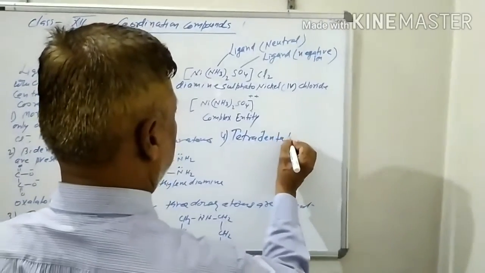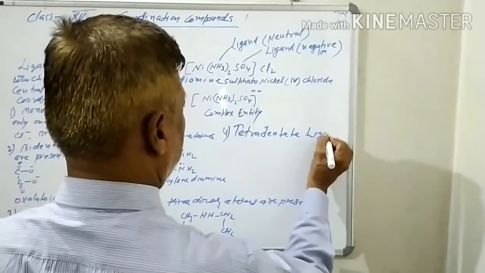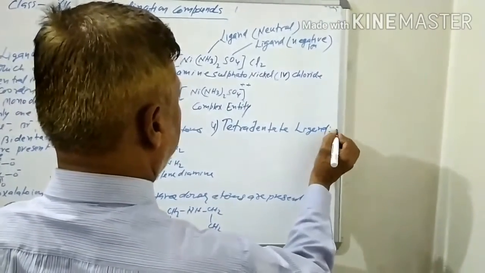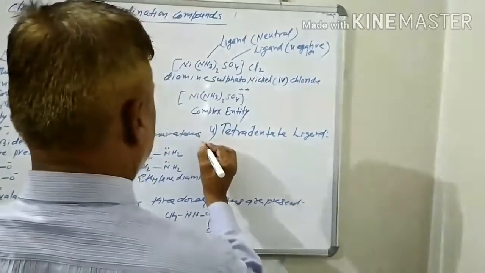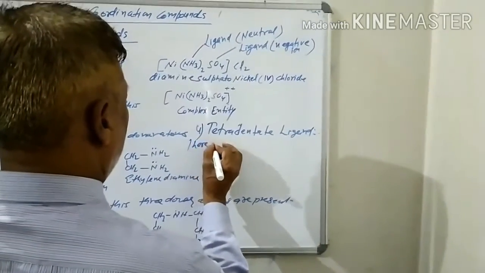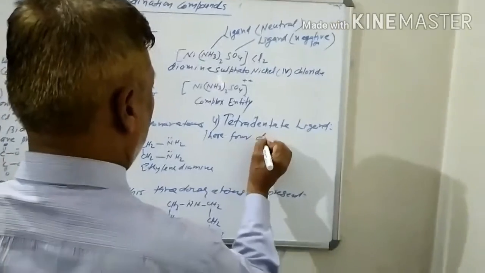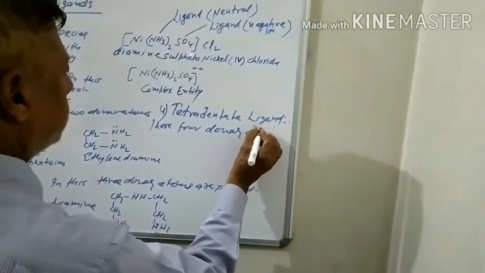Tetradentate ligand. As the name implies, there are 4 donor atoms.